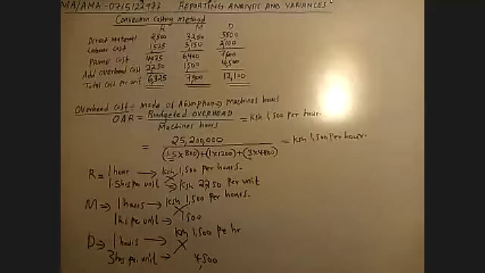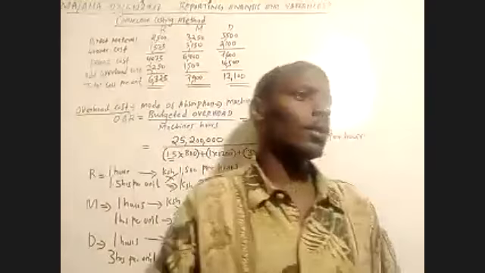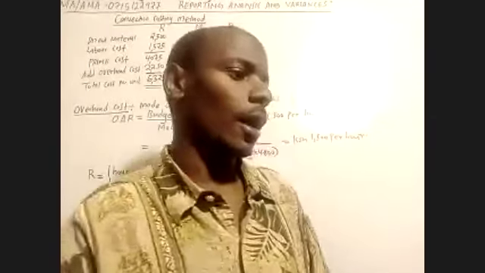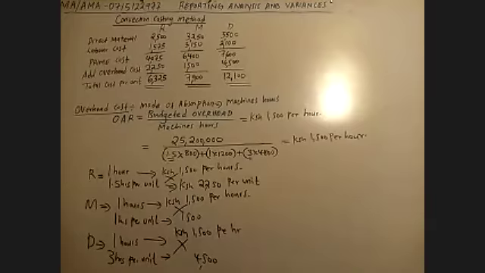So that's how you are supposed to do part A, which we call conventional costing.